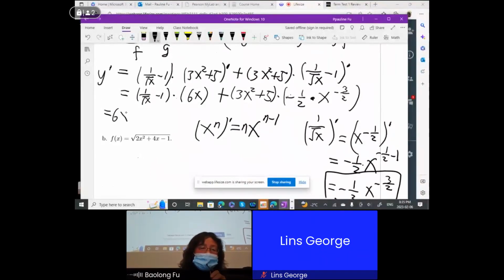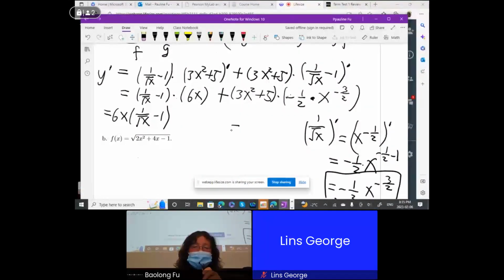So 6x times this item, and then negative 1/2, x raised to the power negative 3/2.